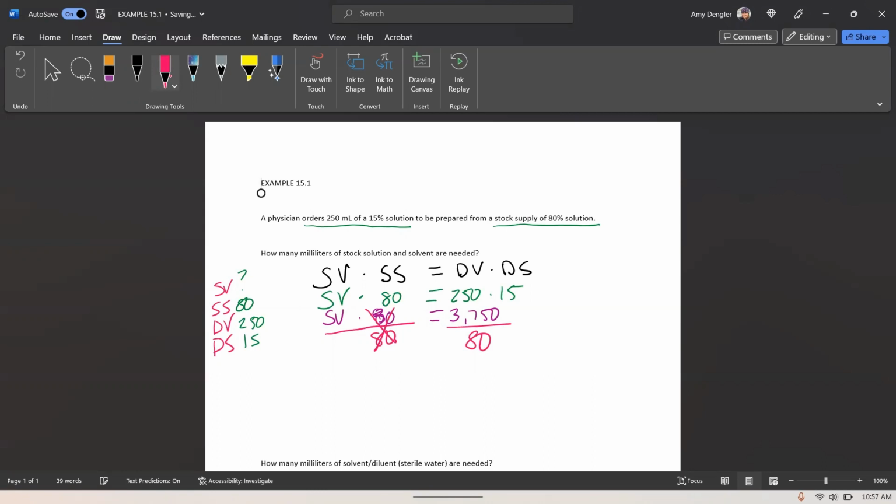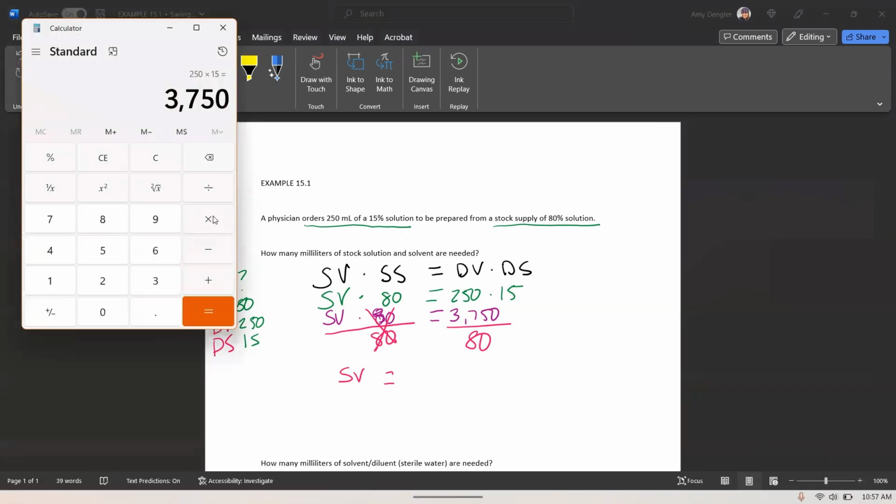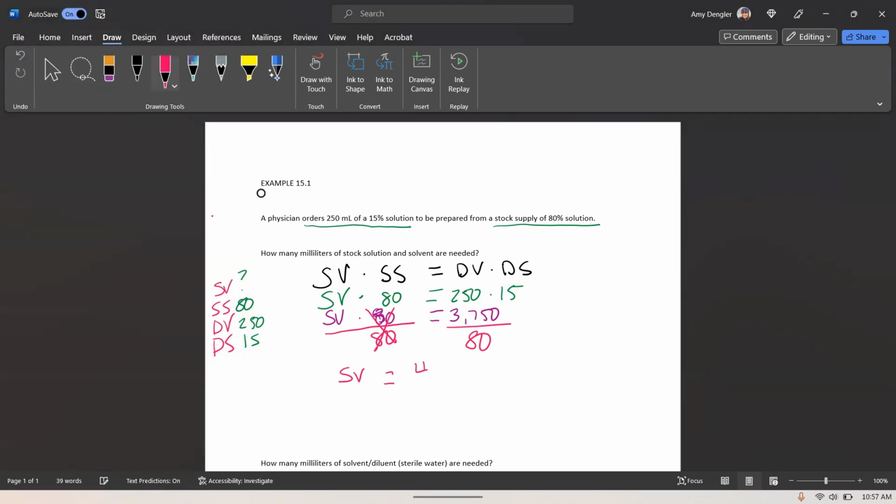Because this takes care of that. On this side, it leaves me with just only SV. And then on the other side, I just need to do 3,750 divided by 80, which is going to give me 46.88 ml.